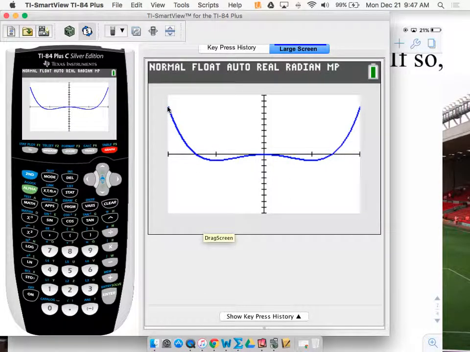So again, if you have the same value twice, there's got to be at least one time where it changes direction. In this case, it changes direction 3 times. Yeah, so you're right. You got one here, here, and here.